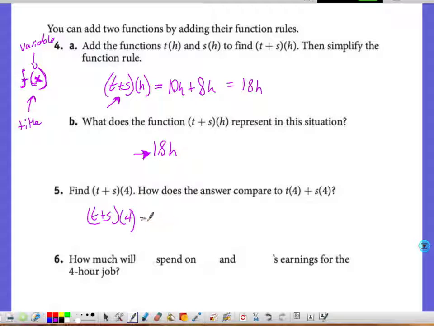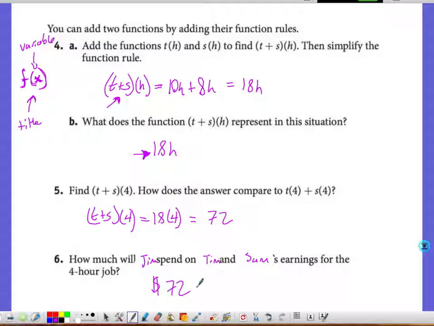That's 18 times 4, plugging in 4 for h. And when you multiply this out, you're going to see that it equals 72. So how much will Jim spend on Tim and Sam's earnings for the 4-hour job? It's going to be $72.